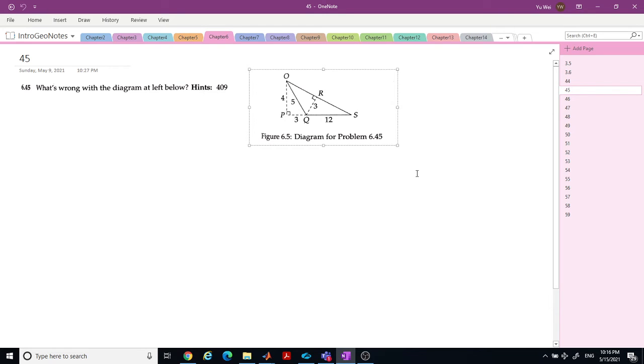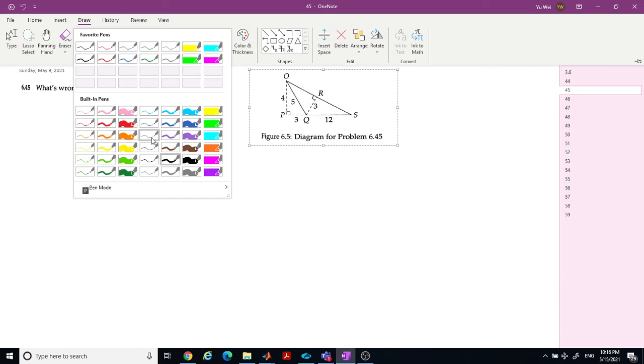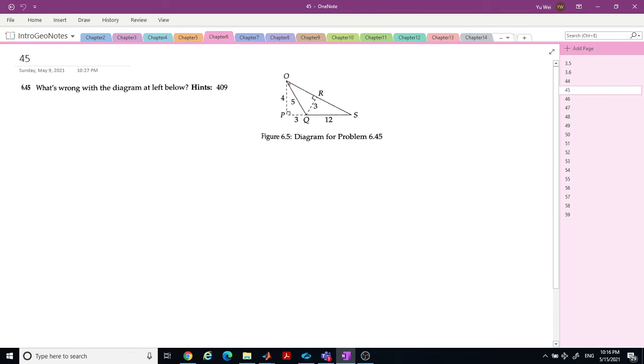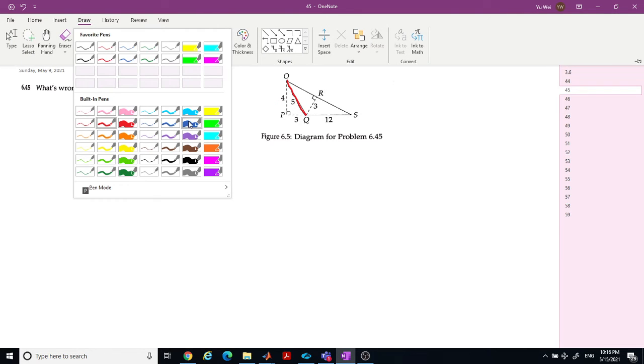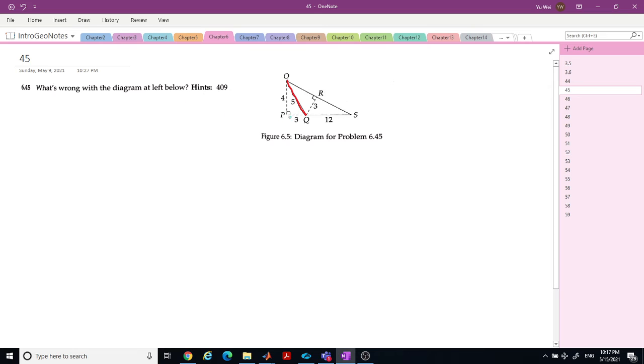Next, this one is what's wrong with the diagram at left below. Okay, so now let's see. So we have this is the common side, right? This side equals this side.